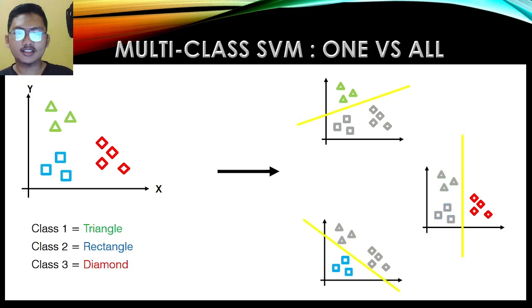As we can see, the first class in the first model is triangle, and we're going to put the hyperplane between triangle against the other classes, and so on. The rectangle, we put the hyperplane here against the other classes, and the diamonds in here we put in the center the hyperplane to divide it.